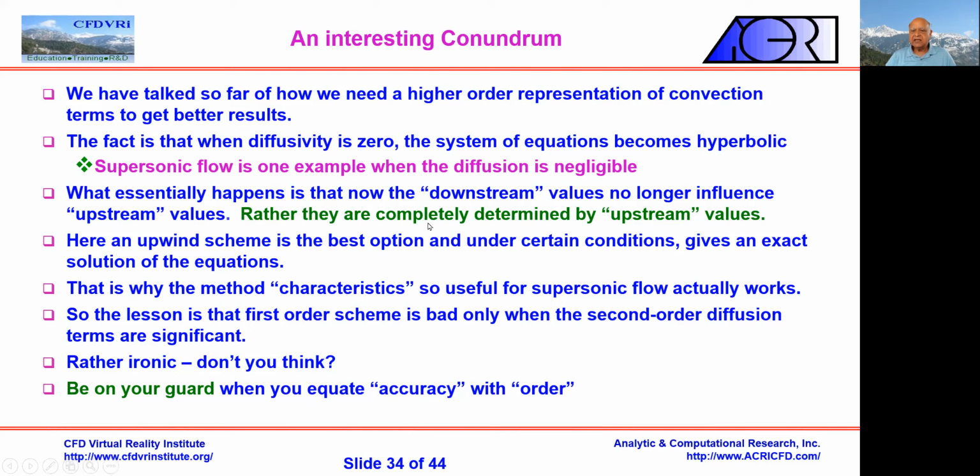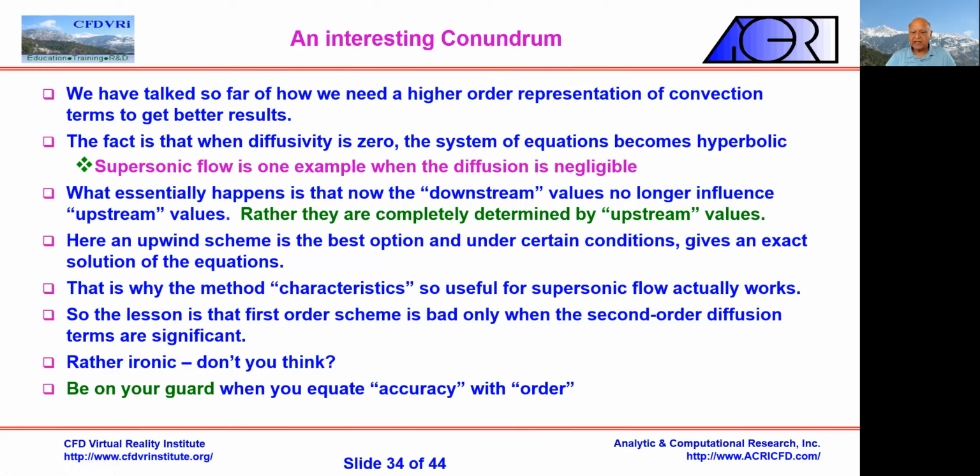Rather, the upstream completely controls the downstream value. Actually, it's the temperature of Denver that will flow down to Mexico, right? So the upwind scheme, you can see, is the best option here. And under certain conditions, it gives an exact solution to the equations.